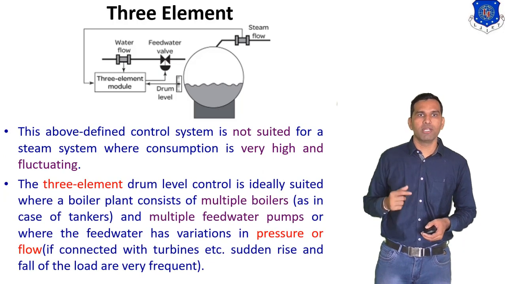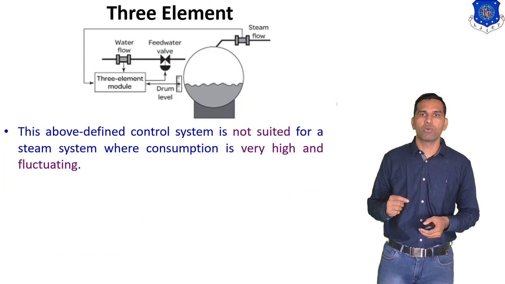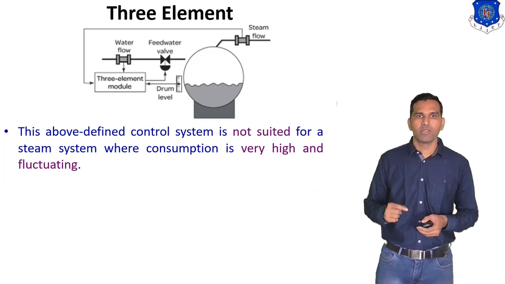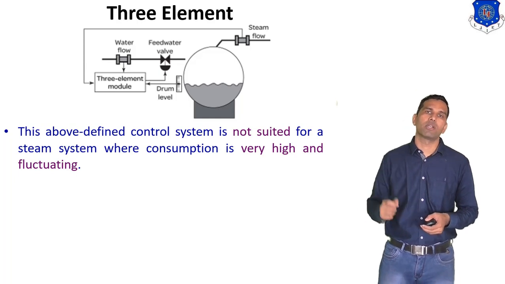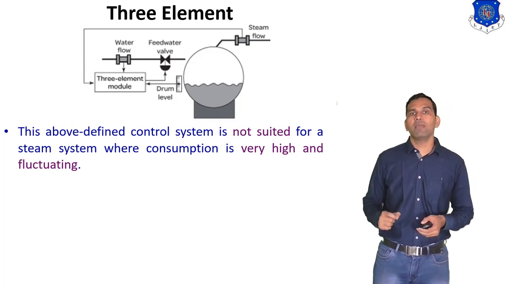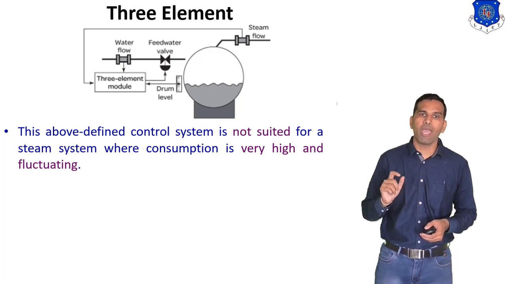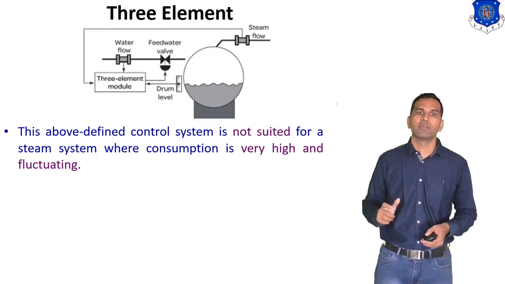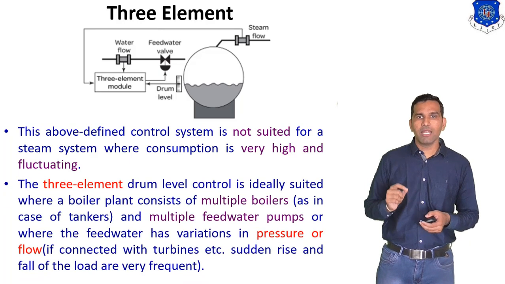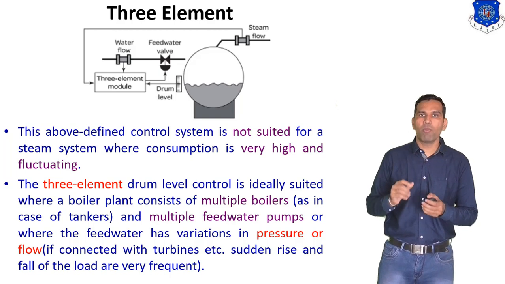Now how it works we discuss. This above defined control system is not suited for a steam system where the consumption is very high and fluctuating. That means single element and two element systems are not suitable where the consumption is very high and fluctuating. The three element drum level control is ideally suited where a boiler plant consists of multiple boilers.